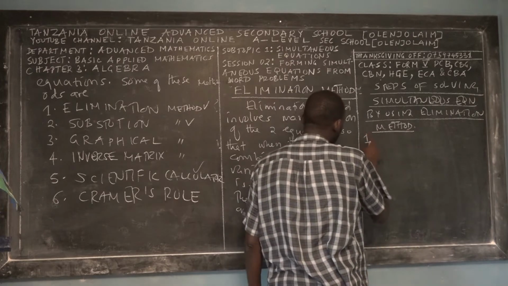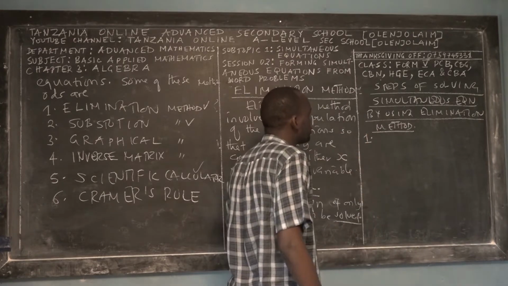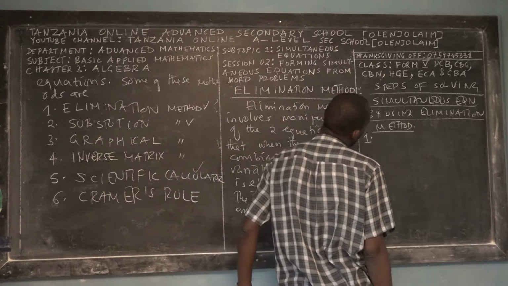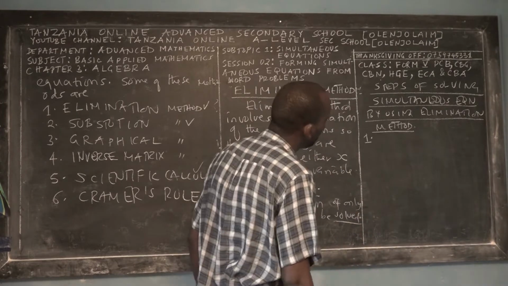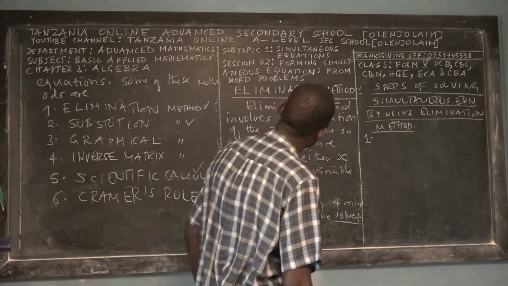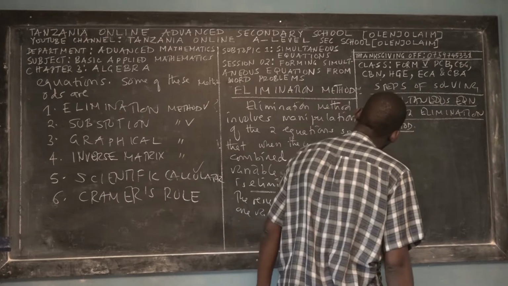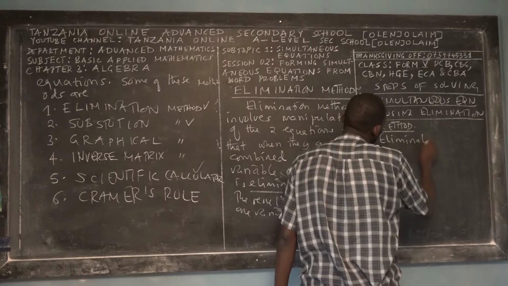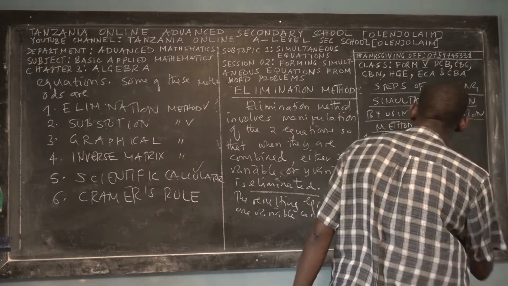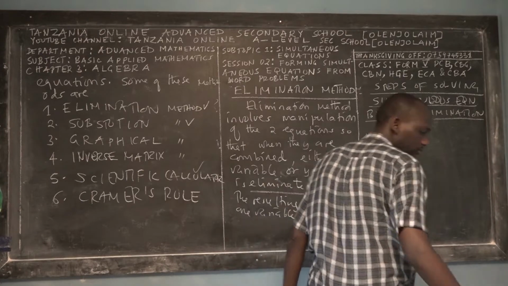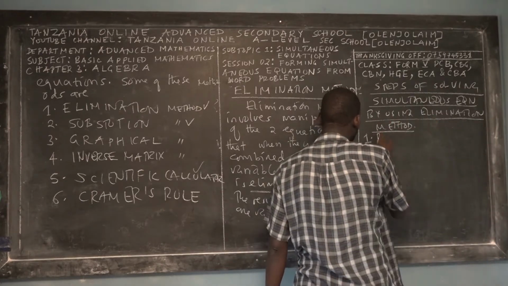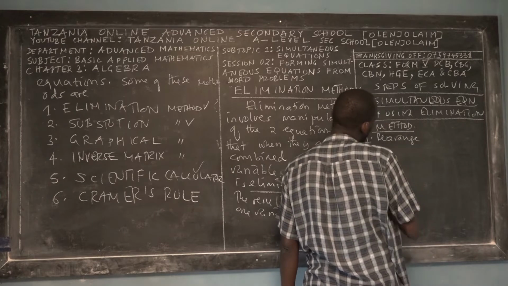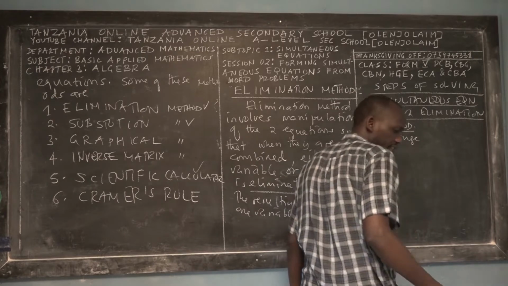So there are some steps that you have to follow. The first step of solving these simultaneous equations by the elimination method is to rearrange the corresponding variables of both equations, if they are not arranged.